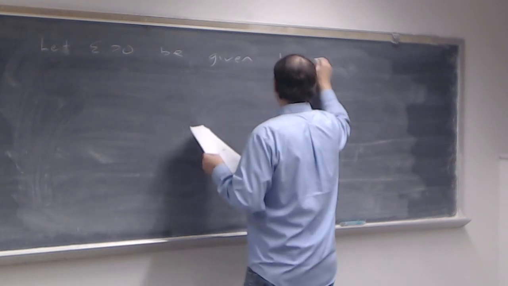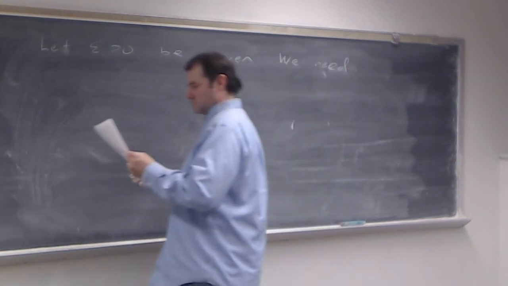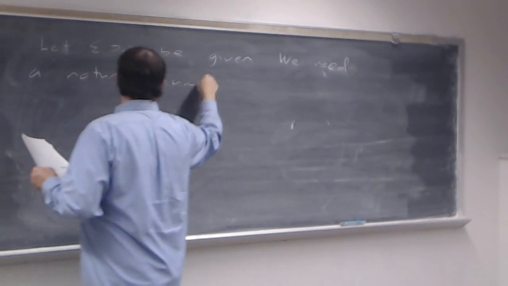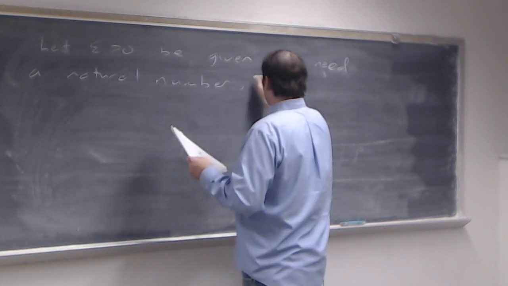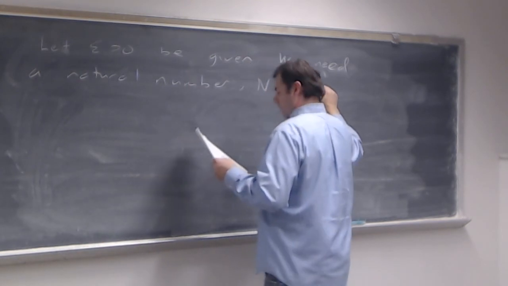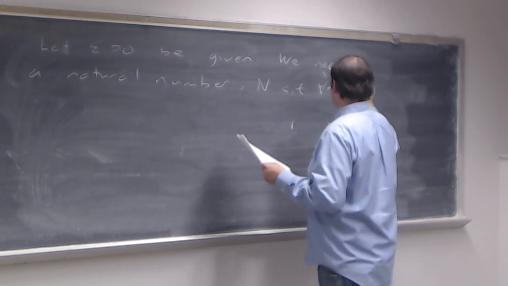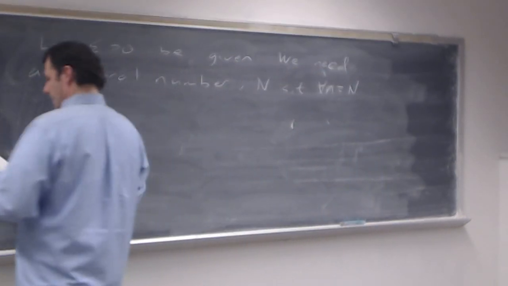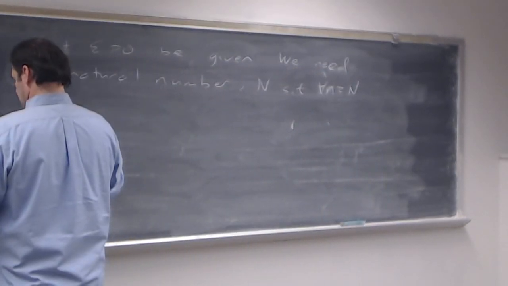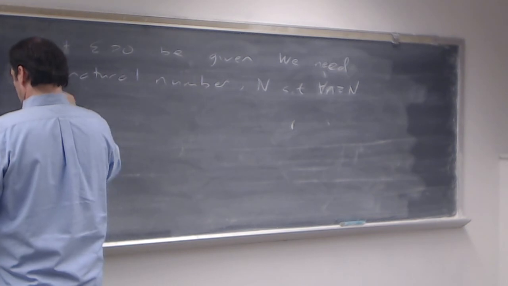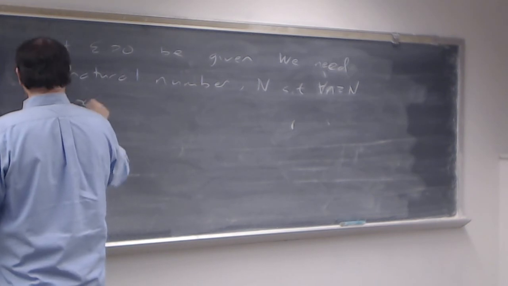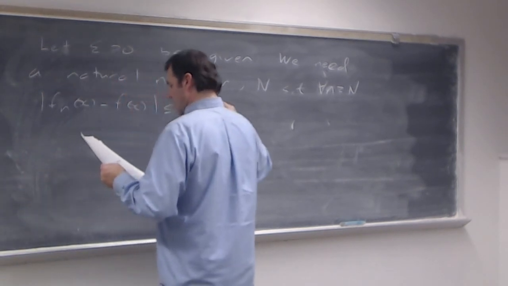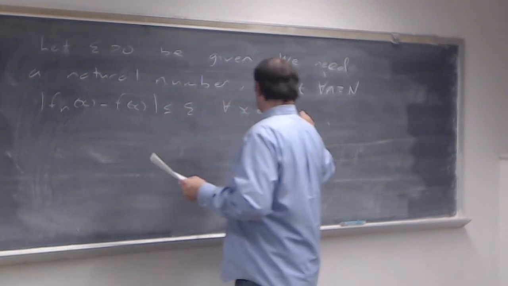We need a natural number, big N, such that for all n bigger than or equal to this big N, the absolute value of f sub n of x minus f of x will be less than or equal to epsilon, and that's true for every x element of E.